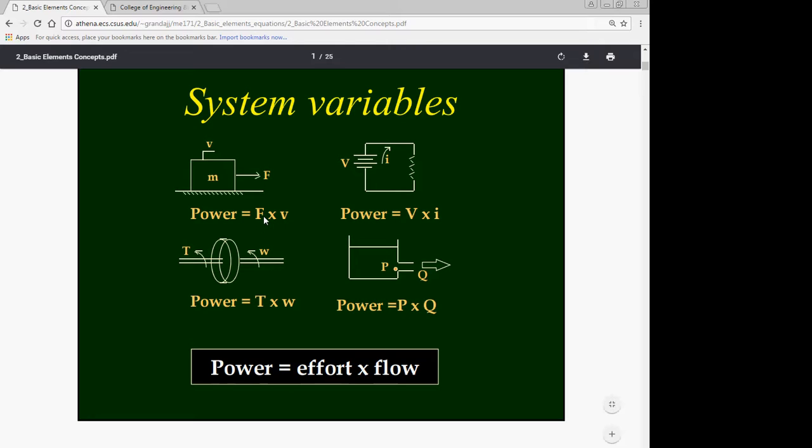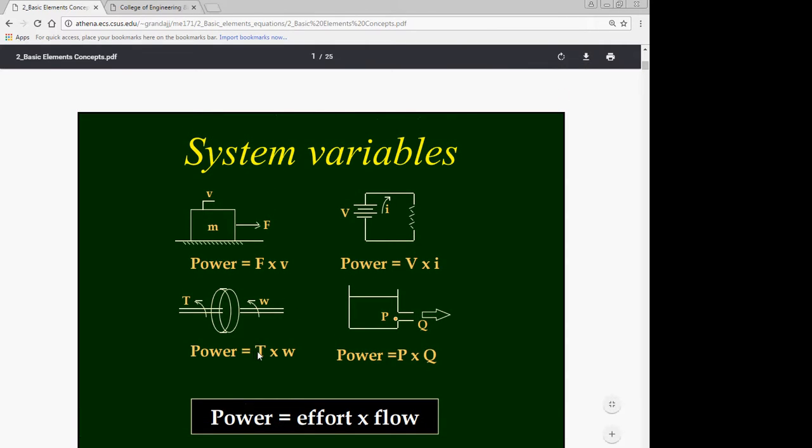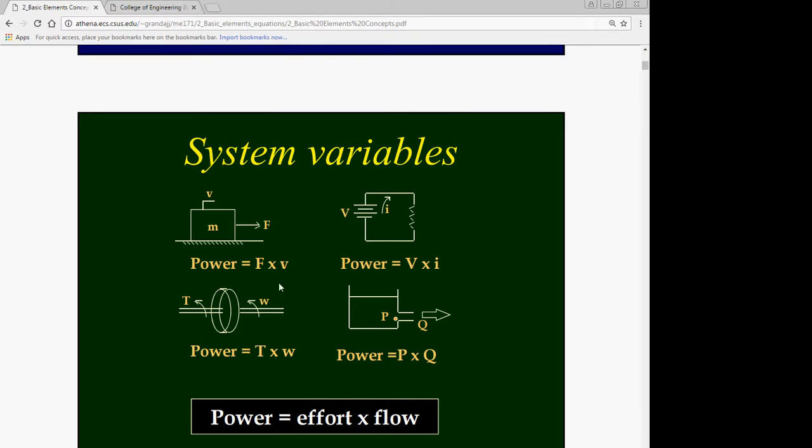This variable, F, and then V, and then T, and then P, this is one family of variables, one type of variables. And the velocity here, or the current here, or the angular velocity here, or the volume flow rate in here, is another family of variables, also of the same kind of variables, but in different energy domains.